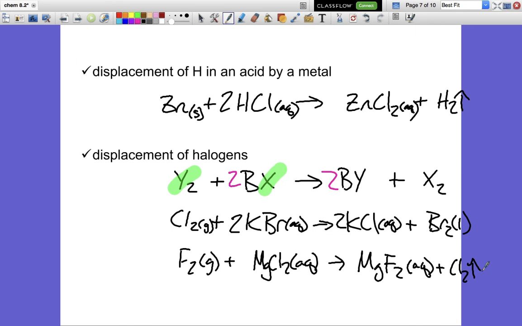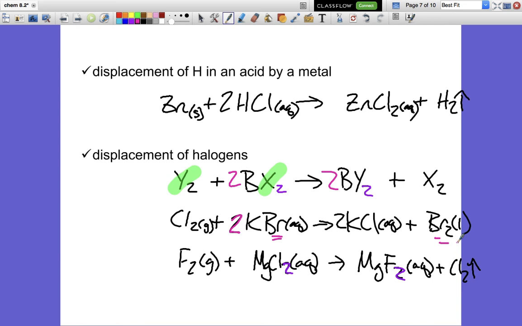If you have a group 2 metal, it's already going to be balanced because of this 2 here and this 2 here. Which is different than when I put a 2 here, because I had to have 2 bromines because there were 2 bromines over here.